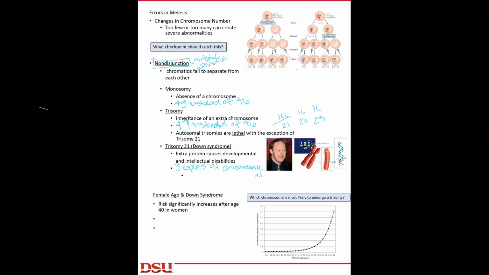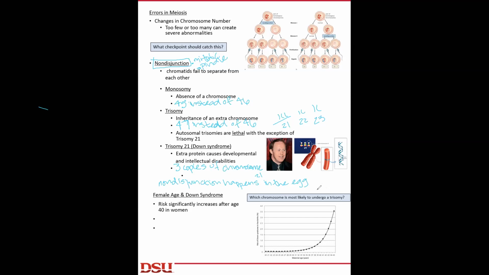In this case, non-disjunction happens in the egg. What this means is chromosome 21 in the egg, obviously donated by the mother, doesn't pull apart. What should have happened in that egg cell is that there's only 1 copy of chromosome 21.